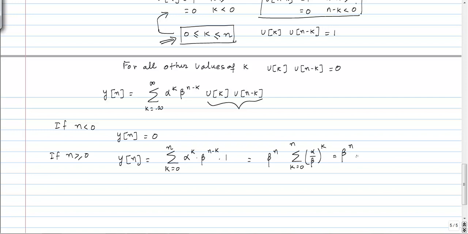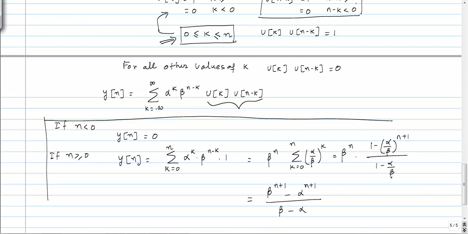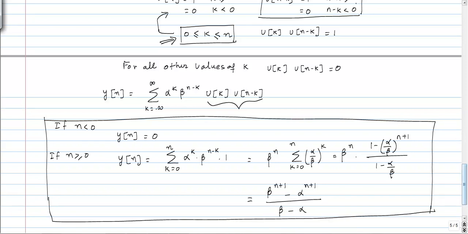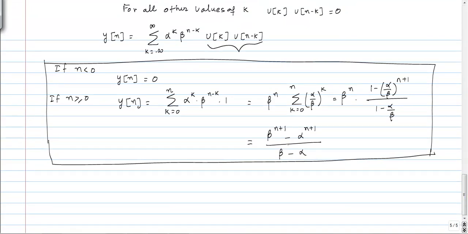This is beta to the n times 1 minus alpha over beta raised to n plus 1, divided by 1 minus alpha over beta, which we can simplify to beta to the n plus 1 minus alpha to the n plus 1, divided by beta minus alpha. So this is the final result: if n is less than 0, then y is 0. If n is greater than or equal to 0, then y is given by this nice expression here.